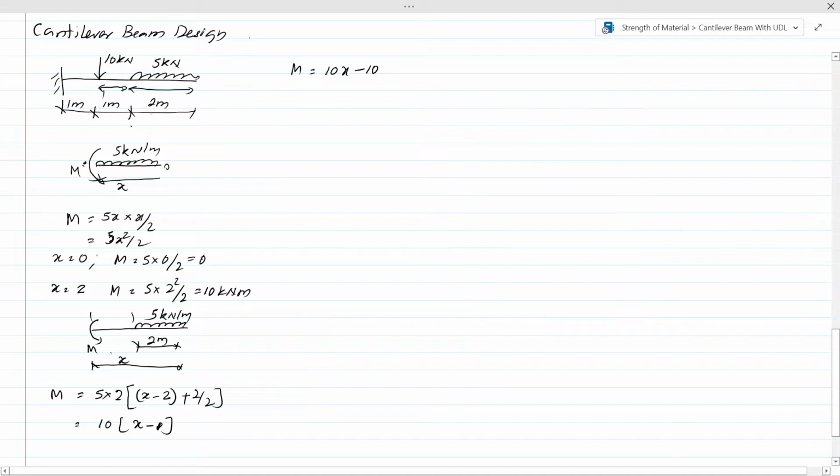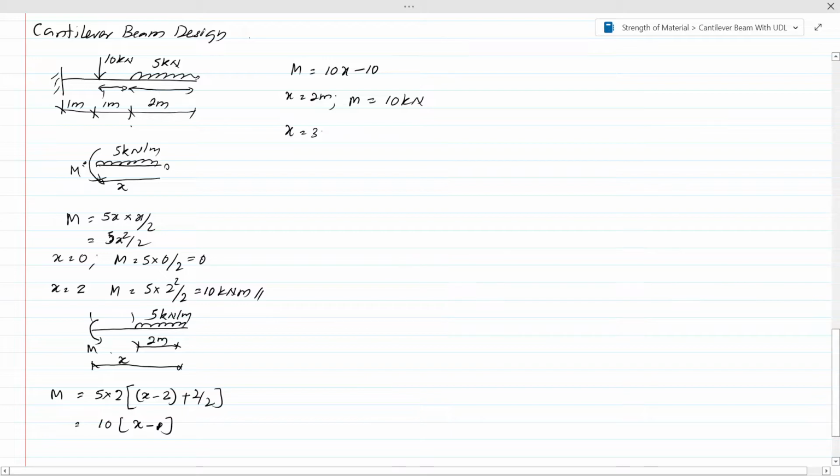Now calculate the bending moment at the end of the UDL and the starting point of the point load, that is when x is equal to 2 meters. What is the bending moment? M equals 20 minus 10, that will be 10 kilonewton meter. Previously we also calculated that value as 10, so the same value. Then our calculation also seems correct.